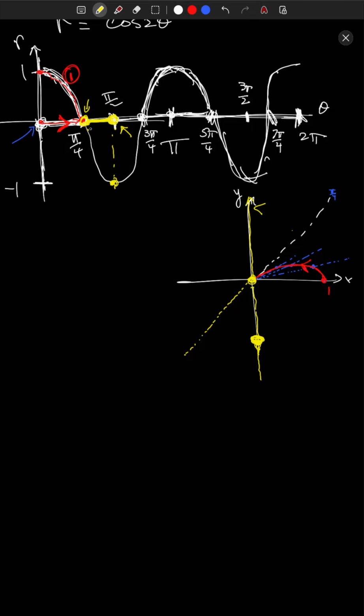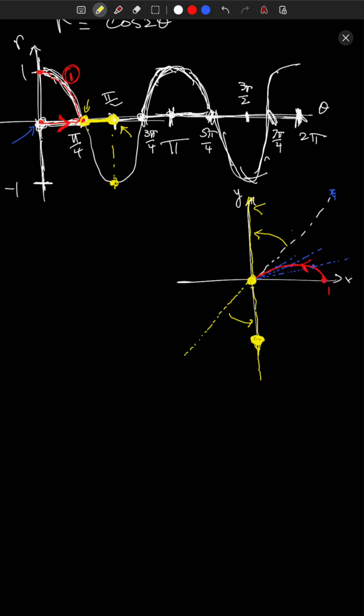As we move from pi over 4 to pi over 2, our radius gets bigger in magnitude. We're going in this direction because, let me do another example here, this line would be represented by that one right there. So when we move from here to here, that would be moving from there to there in terms of -r.